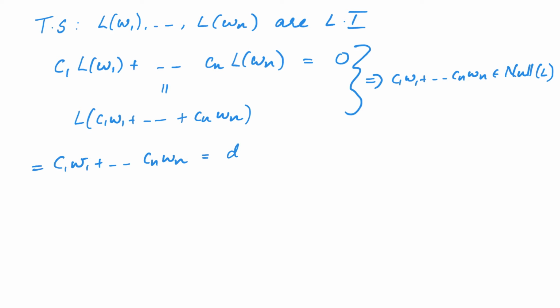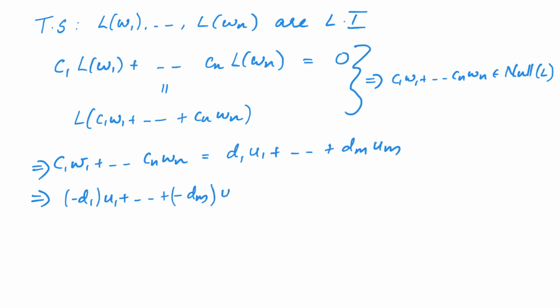In other words, we can rewrite c1 w1 plus etc. up to cn wn as d1 u1 plus etc. up to dm um. But this implies that minus d1 into u1 plus etc. up to minus dm into um plus c1 w1 plus etc. up to cn wn is the 0 vector.